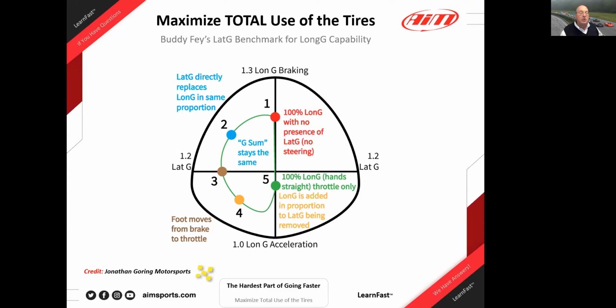If you were on street tires and you were trying to corner and you wanted to know if you were close to the limit, Buddy said you should get about 90% maximum sustained lateral G from the demonstrated capability of maximum longitudinal G, which is the braking force.